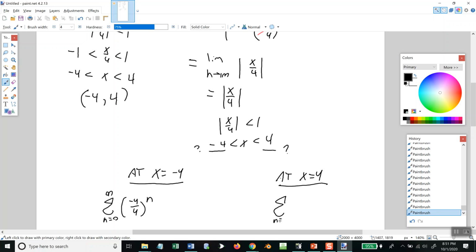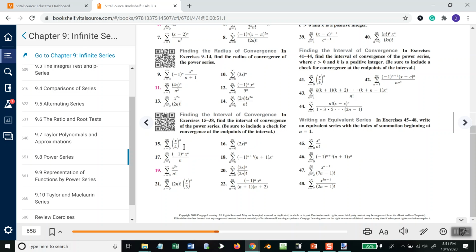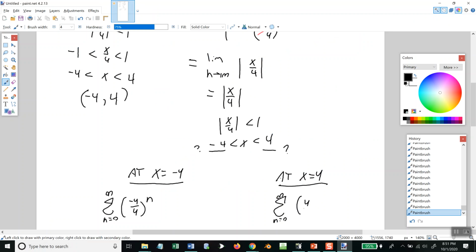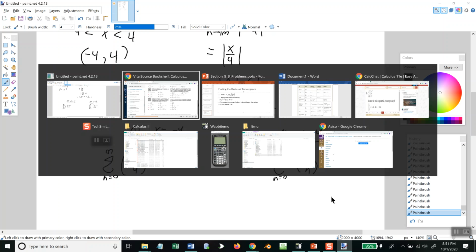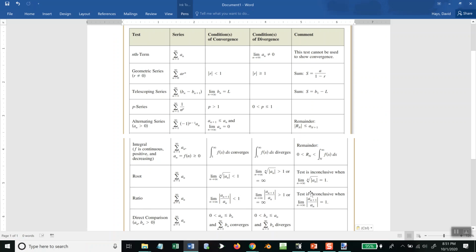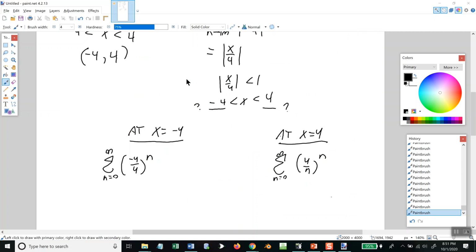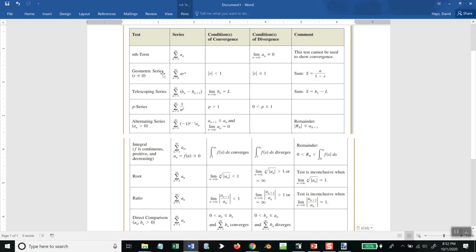And over here, for my x, I'll be plugging in a positive 4. Okay, they both have n powers, so those are geometric series, aren't they?